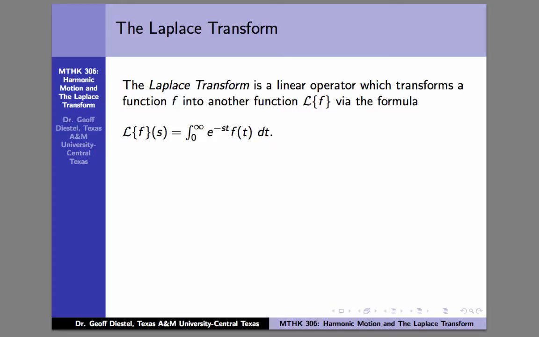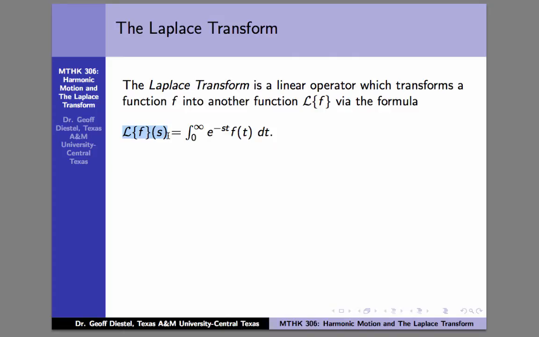So the Laplace transform is a linear operator. It takes a function, calculates a new function from it. Okay. So again, if f is some function we know of, say, of time, we plug it into this operation L at s. So we have to plug in a function and a number.